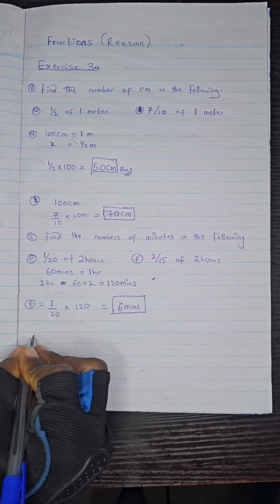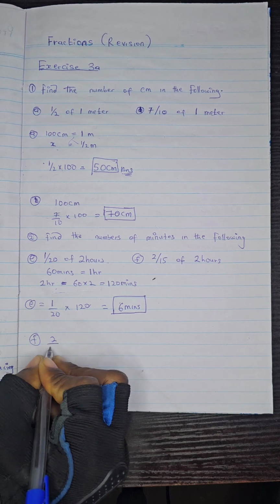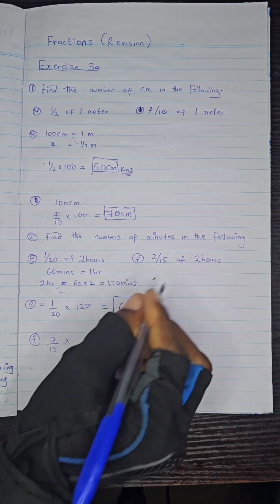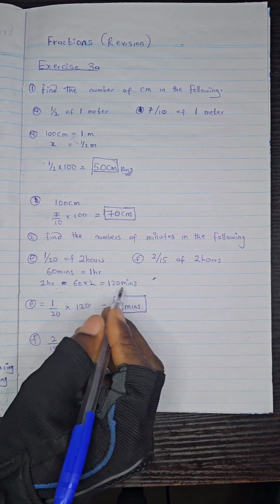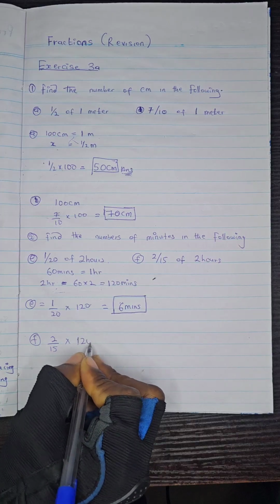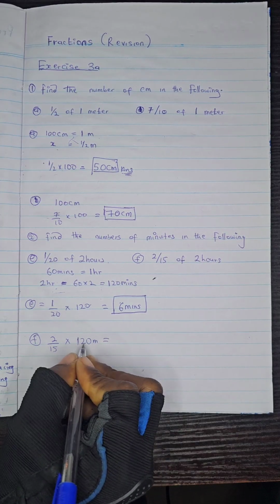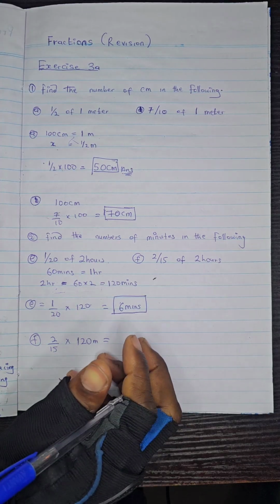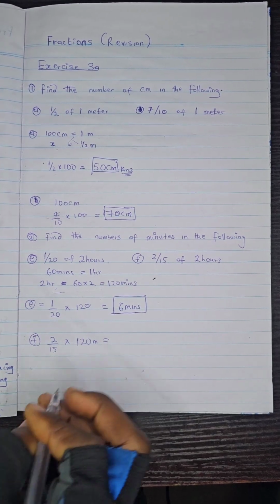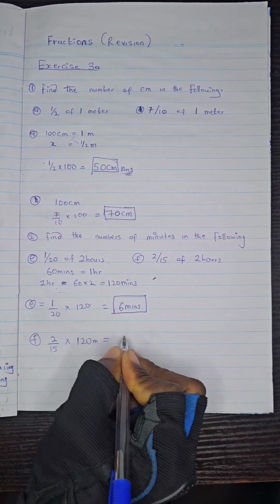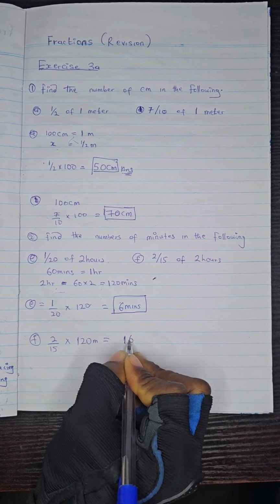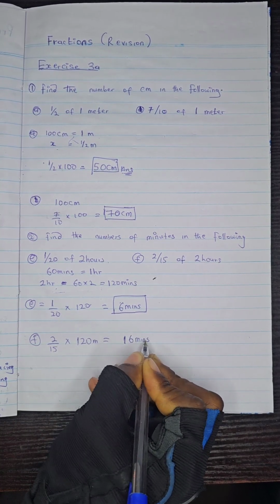For number F, we now have 2 over 15 times, since we have the same 2 hours, we are still dealing with the same 120 minutes. If we do this calculation, we get 16 minutes.